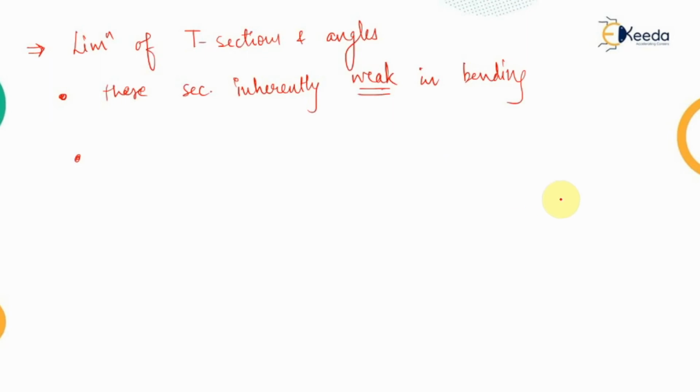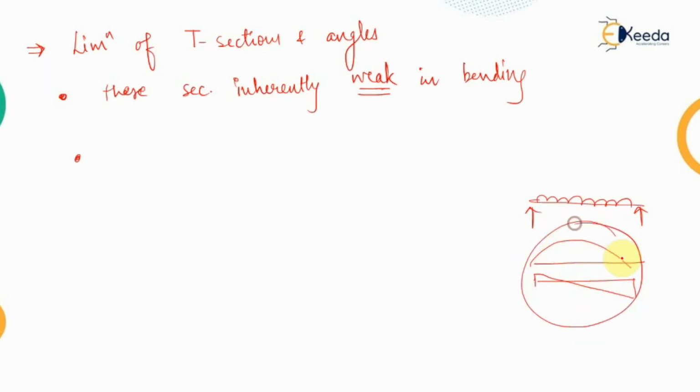While designing the beam section, we have seen that for a simply supported beam, the bending moment and the shear force will be acting. These are the prime criteria which the beam has to resist. That's why T sections or angle sections are not used, because they are weak in bending.